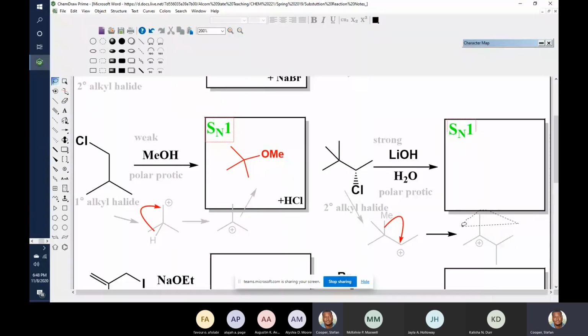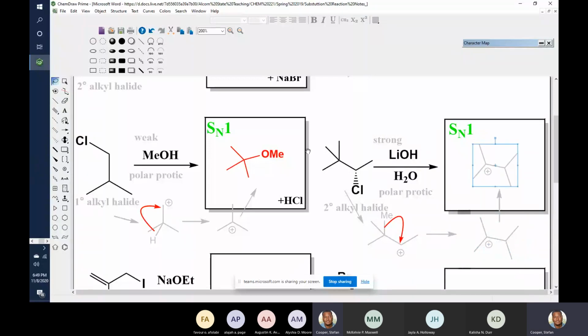Okay, so good. So now I have this carbon cation. What happens at this point? Nucleophile attacks the carbon cation, right?